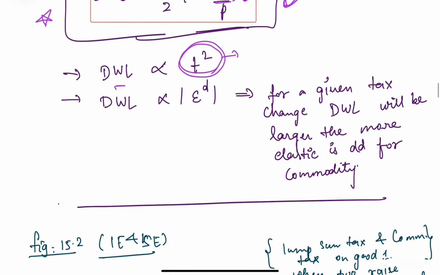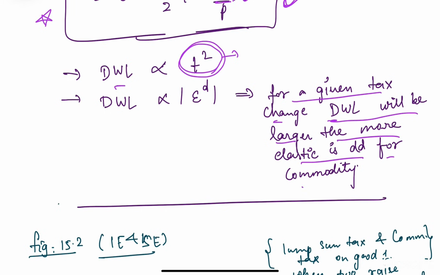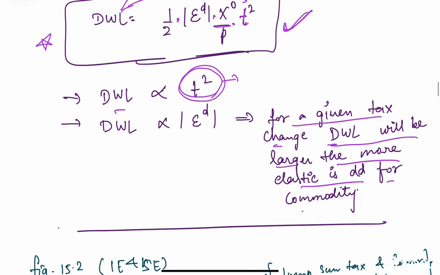There is also a positive relation. So for a given tax change, the deadweight loss will be larger the more elastic is demand for the commodity. So the larger the demand elasticity for the commodity, the more will be the deadweight loss.